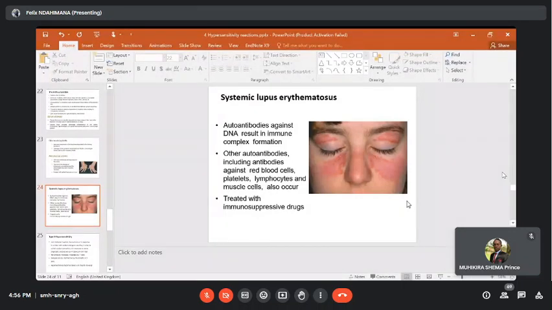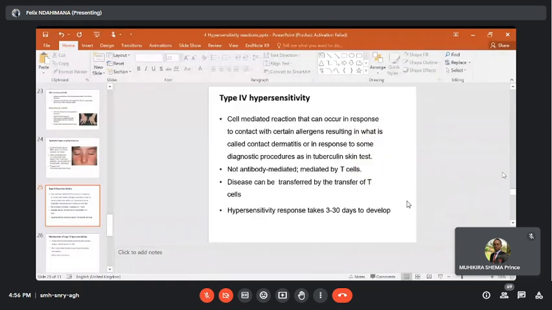Then we have type 4 hypersensitivity. But this one is, as you said, a cell-mediated reaction. There is no involvement of antibody. It's just a process, as we have seen in the first presentation, whereby there is an allergen or any antigen that comes into our body, and it will be taken up by our antigen presenting cells and presented on their major histocompatibility complex class 2, and then presented to T cells.